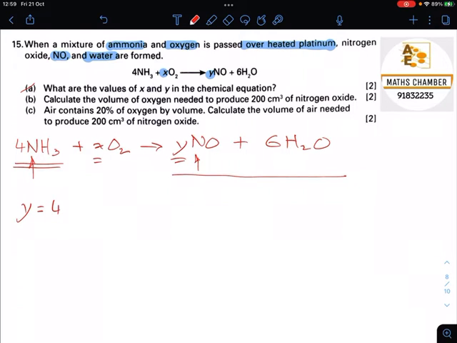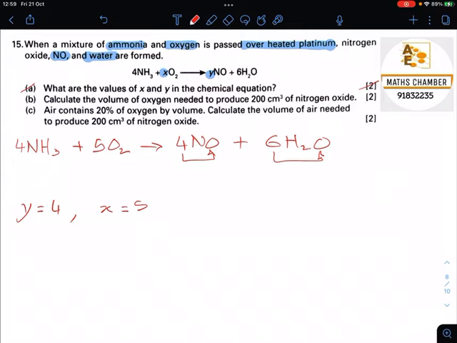When y equals 4, what will x be? Oxygen will be 4 and 6, so 10. That means x must be 5, since 5 times 2 is 10. So x will be 5. That's all, simple. 2 marks.